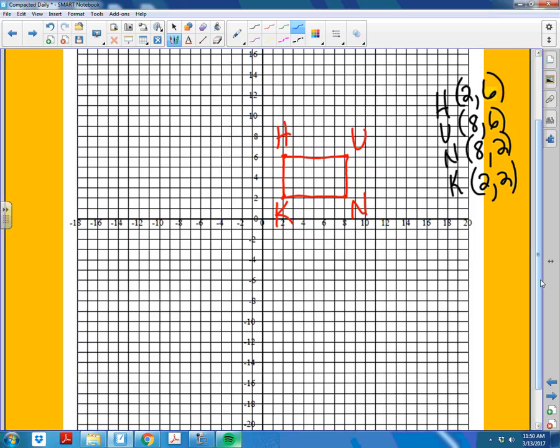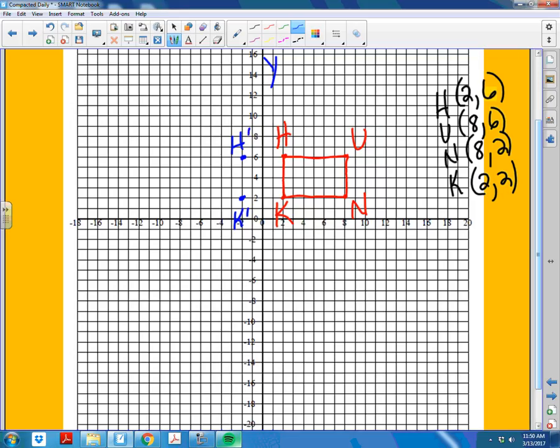Another way to think about it is that each vertex must be equidistant from the line of symmetry. So the K is 2 away from our y-axis. Therefore, this would represent K prime. And that would make this H prime.